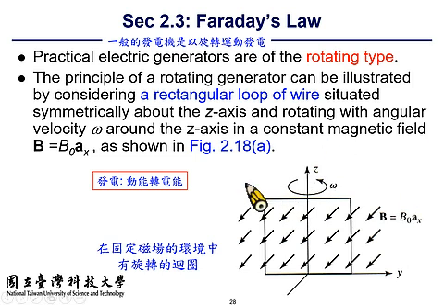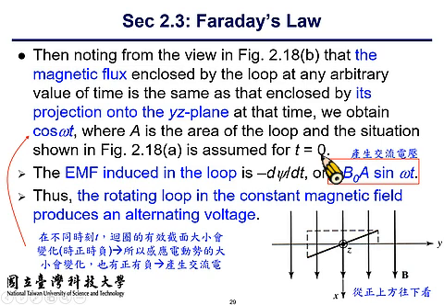As the loop rotates, the amount of magnetic flux enclosed by the loop changes as time varies. As you can see from this figure, in this illustration, we have a background magnetic field going from top to bottom, in the positive X direction, and you have a current loop rotating along the Z-axis.